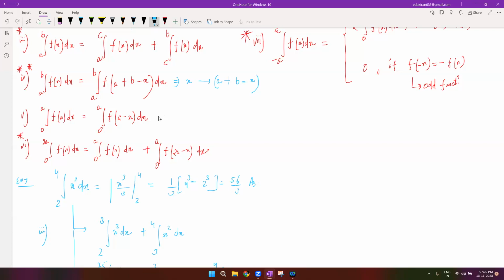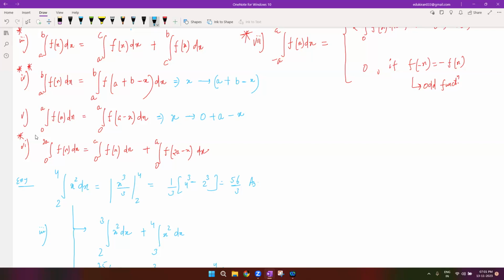You can see in the fifth question also, you have done the same. We are changing our x to lower limit plus upper limit minus x. This is same, right? So fourth and fifth properties are same. It is just that they give this property differently, separately. So you don't need to take this as two properties. This is just a single property, fourth and fifth.